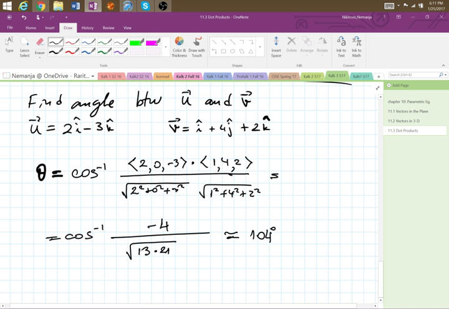So 2 more things regarding the dot product. Well, actually, 3 more things, because we also have the application.